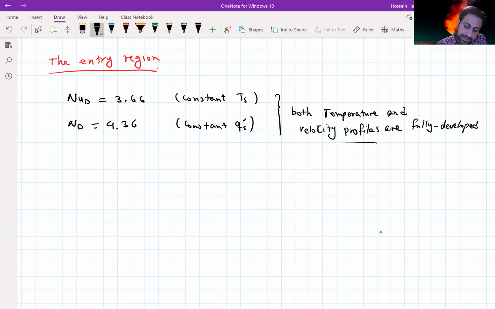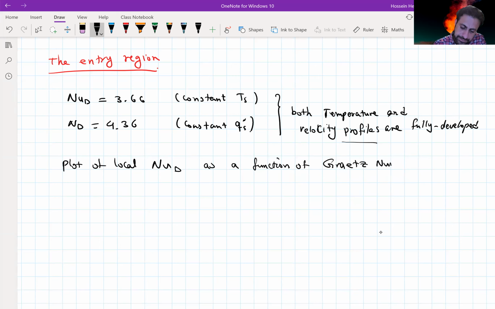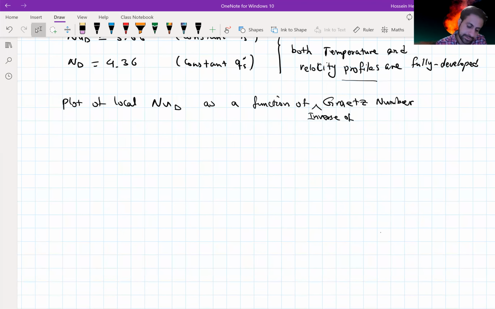Now, generally, the way that we deal with that, we plot a plot of, I would say, local Nusselt number as a function of a dimensionless parameter called Graetz number, or the inverse of that.